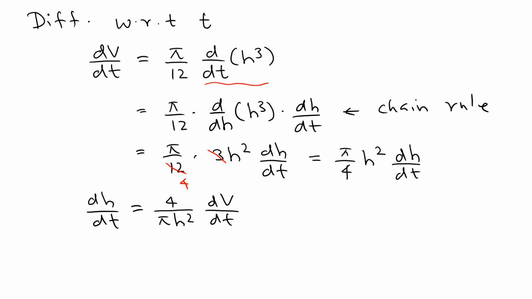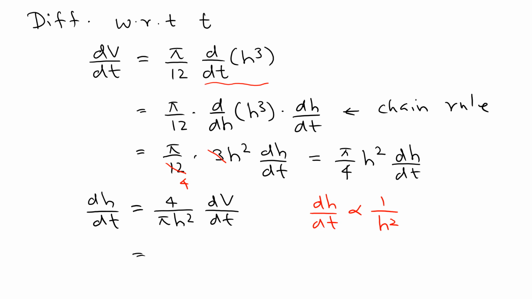If dV over dt is a constant, remember we had a similar problem in the balloon problem. You can see that dh over dt is proportional to 1 over h squared. So this is again an inverse square law problem, like in physics. Now we can plug in the values.